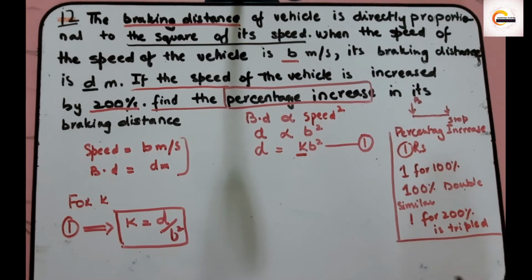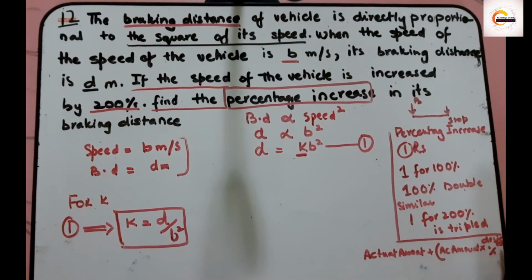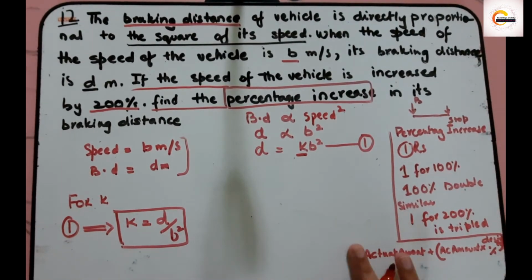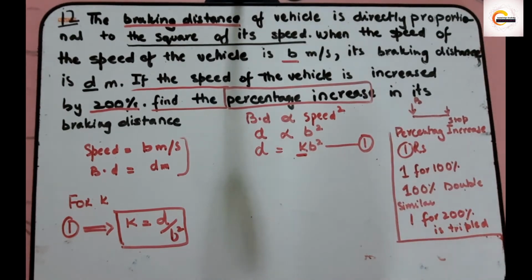It's basically actual amount plus actual amount into desired percentage, any percentage that we have to increase in our actual amount. I'm going to write it over here so that you can understand it clearly.